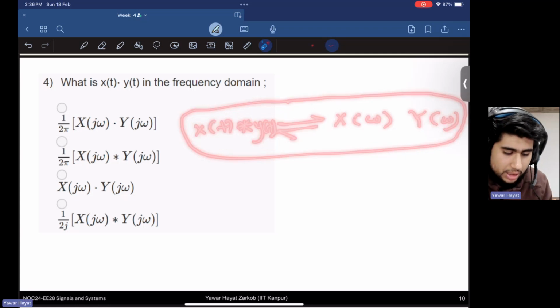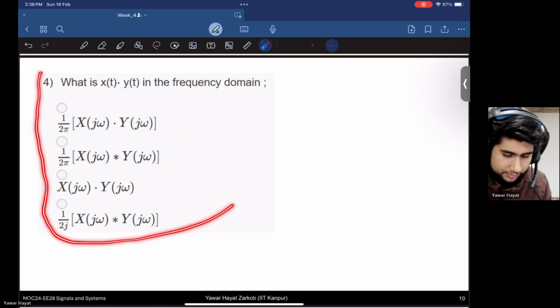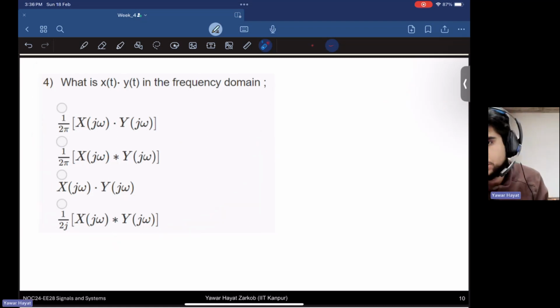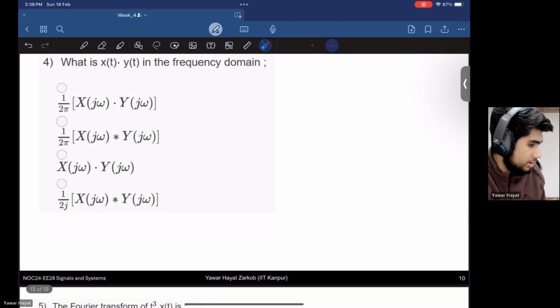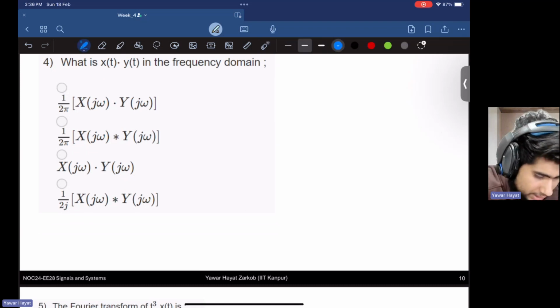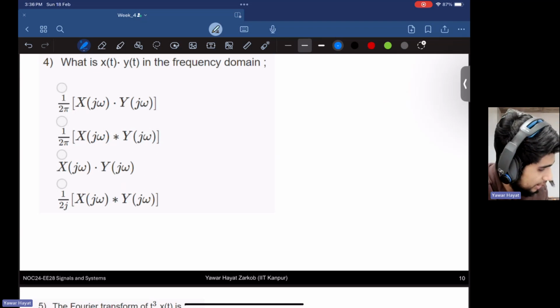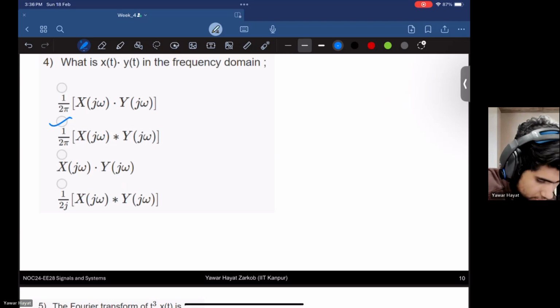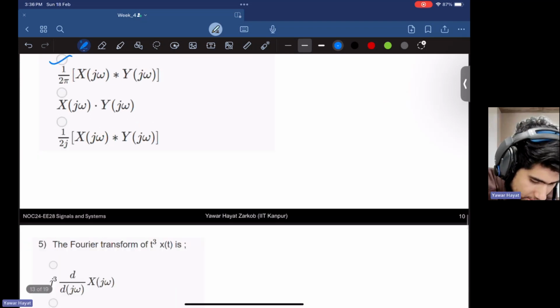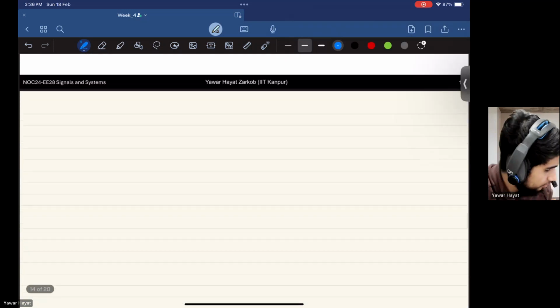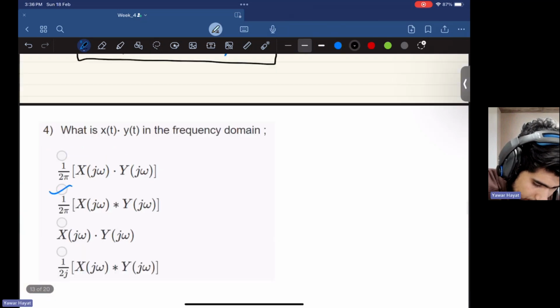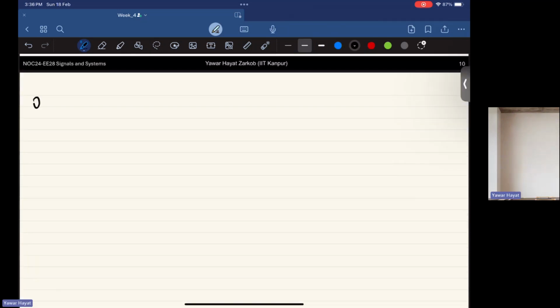I would prove this question, a product in time domain. So let's start. We already know the answer is 1 by 2 pi X of omega Y of j omega. But we'll still go through this proof.